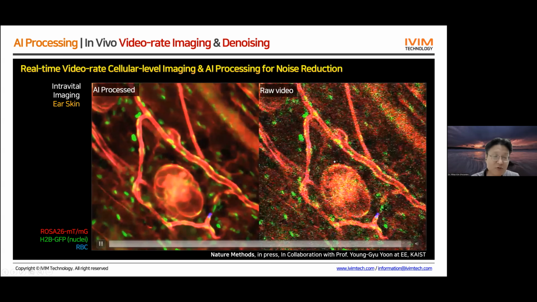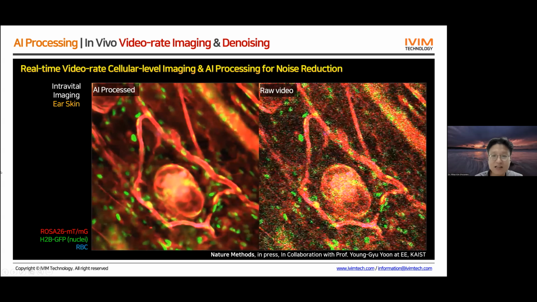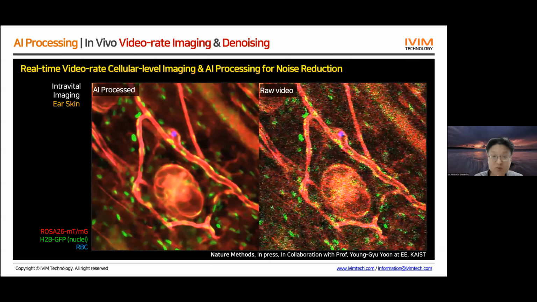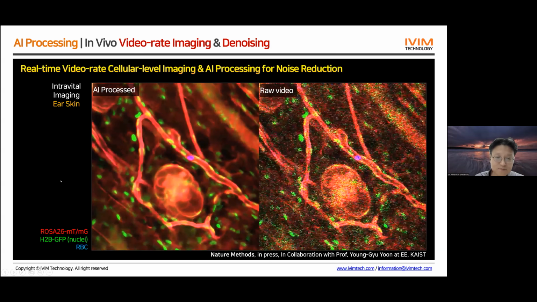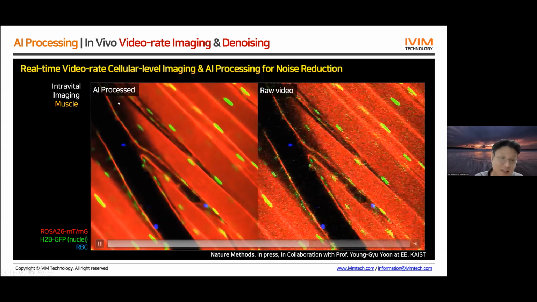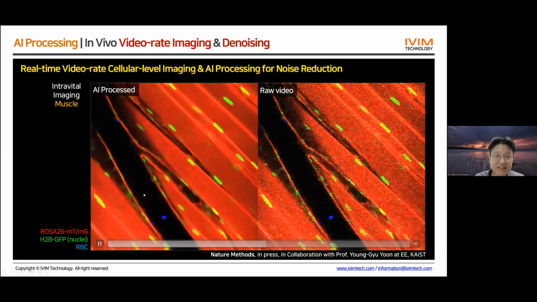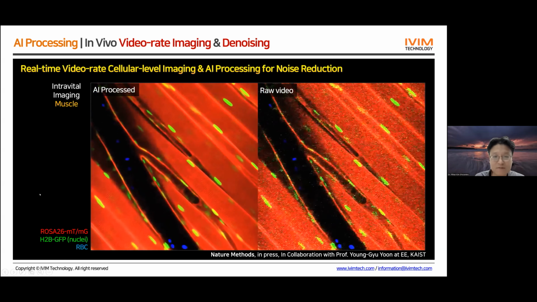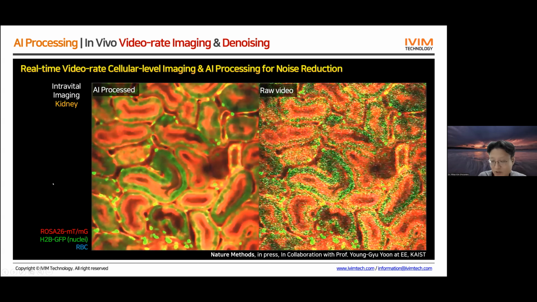By using our new AI processing technique, we can very effectively remove the noise from a noisy real-time video like this. This is another example, the raw video and then the denoised video. You can nicely see the flowing red blood cells in this vessel obtained from the muscle. Another example is obtained from the kidney.